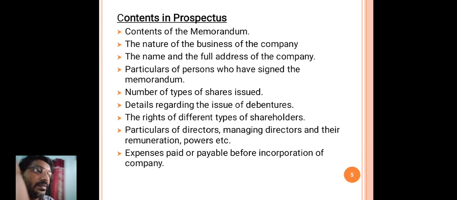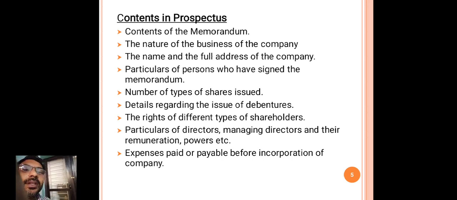Whatever details are available in the articles of association are also clearly mentioned in the prospectus, because these details are to be kept in front of the people who are interested to invest their money in the joint stock company by purchasing either shares or debentures.